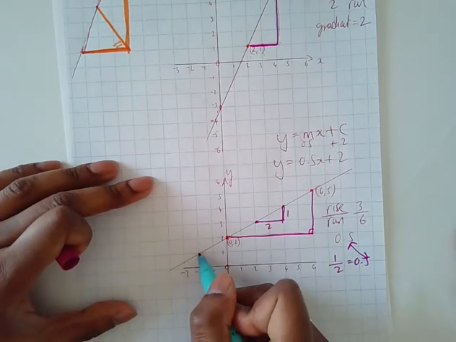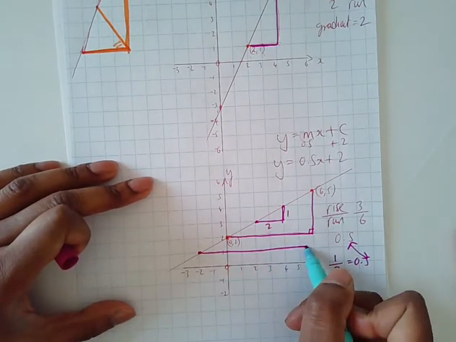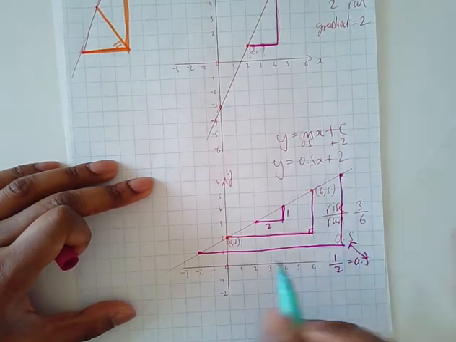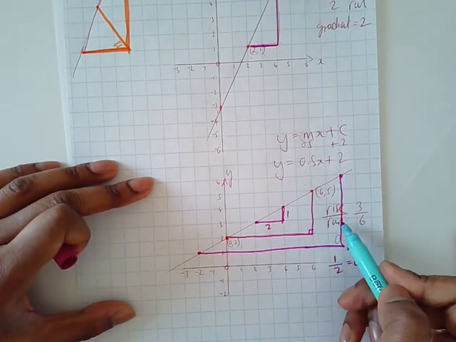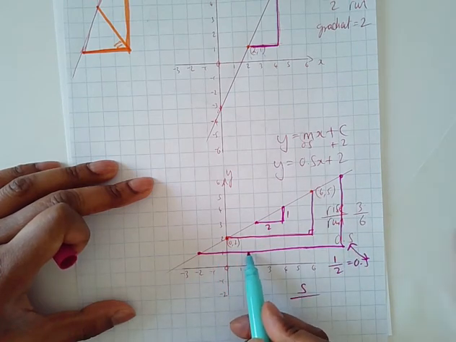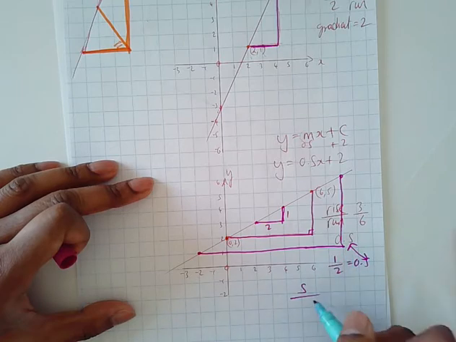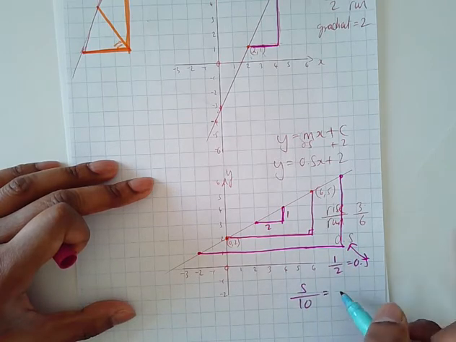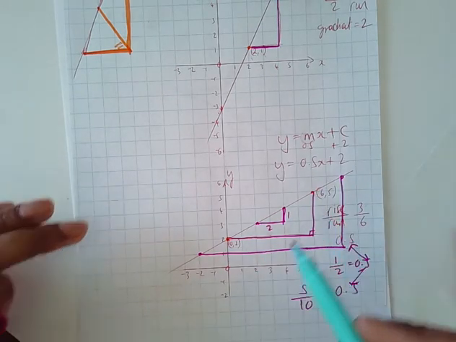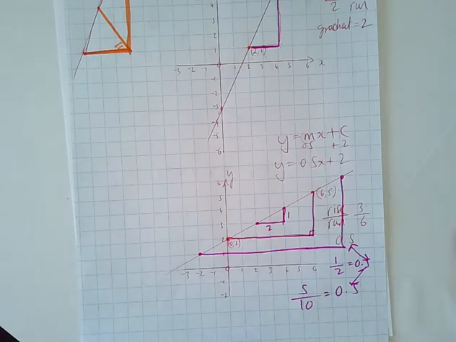Let's try a bigger triangle from here all the way. Let's see what happens with this one. The rise is 1, 2, 3, 4, 5. And the run is 1, 2, 3, 4, 5, 6, 7, 8, 9, 10. 5 divided by 10 is also 0.5. Same thing. So the gradient is consistent all the way along this straight line. It is a straight line after all.